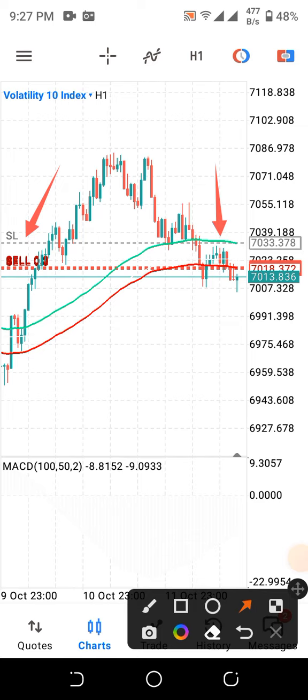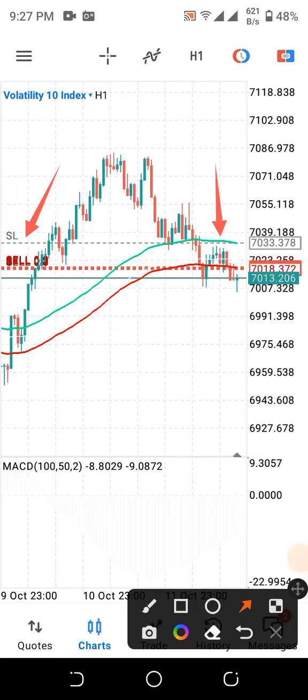When you are buying, the red line will serve as the stop loss. In this case I am selling, so the green line stands as my stop loss.